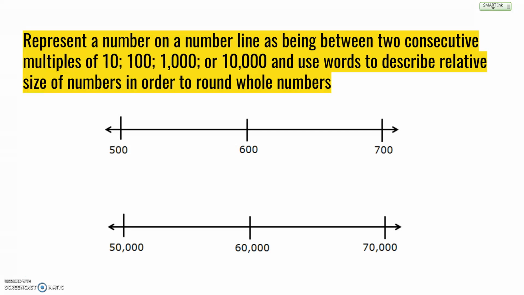We could do the same thing with a number down there where it's counting by 10,000s. But if I had 58,923, again, it'd be between 50,000 and 60,000, but much closer to 60,000. So that's the number that it would round to if I was rounding to the nearest 10,000.